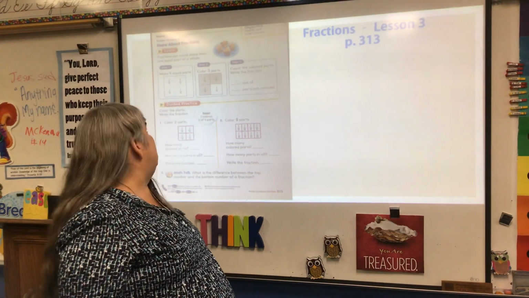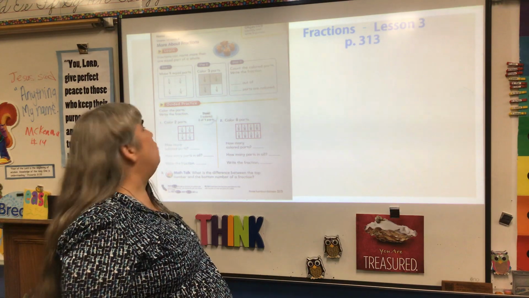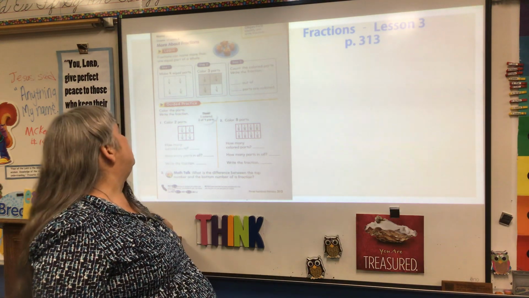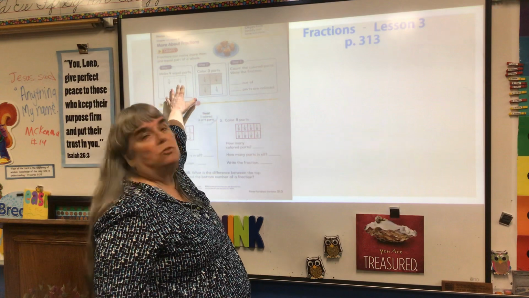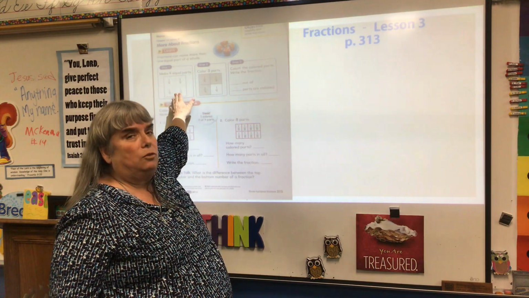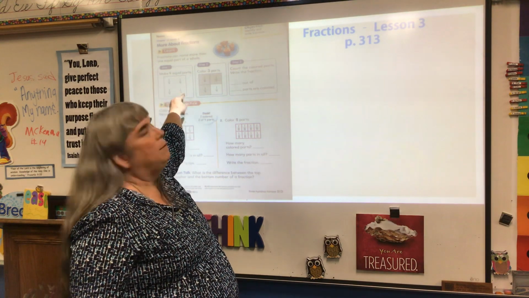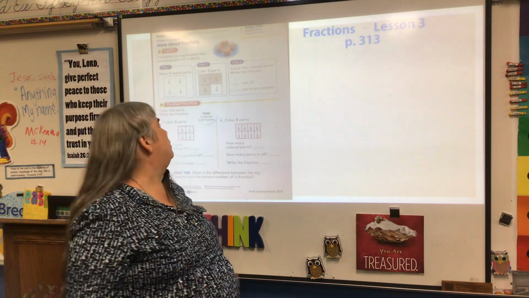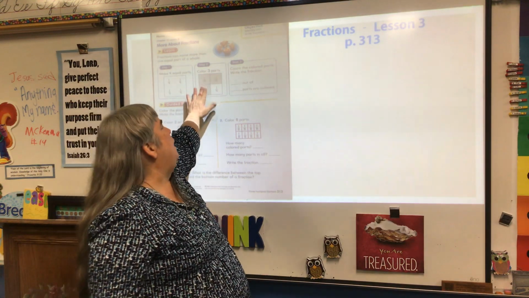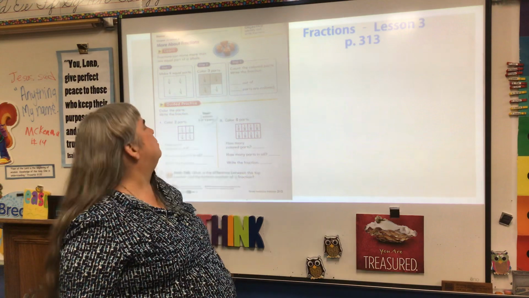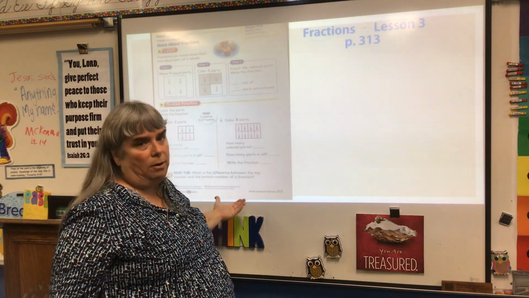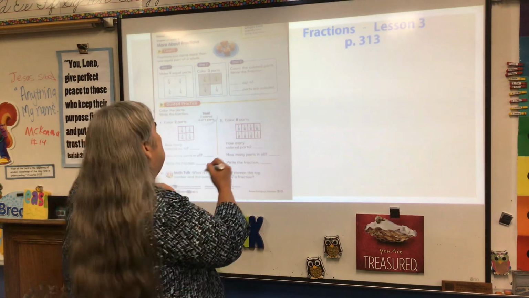So it says fractions can name more than one equal part. So we have a square that's been divided into 4 sections. So each one of these sections is 1/4. And then it says color 3 of those. Count the colored parts and write the fraction.